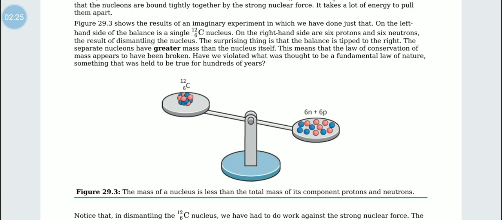But the interesting thing is, the balance will tip to the right. So that means when you take the separate nucleons, they have a greater mass than the nucleus when it is put together. So the law of conservation of mass is supposedly broken.